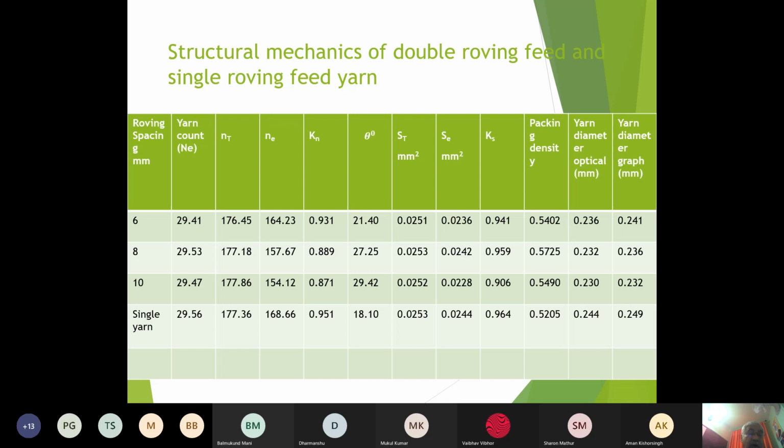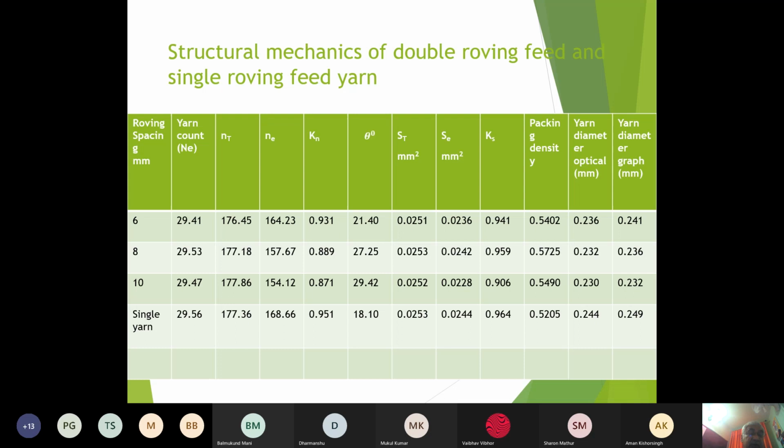In case of all double roving yarns with roving distance 6 mm, 8 mm, and 10 mm, if we compare this NE with the yarn where I fed a single roving, you'll find this is more, 168 number of fibers in the cross section.